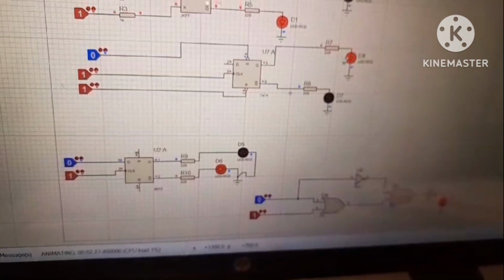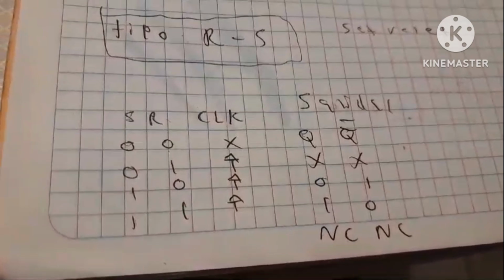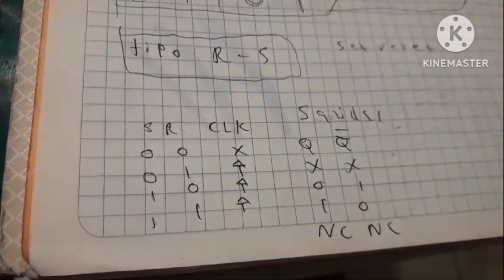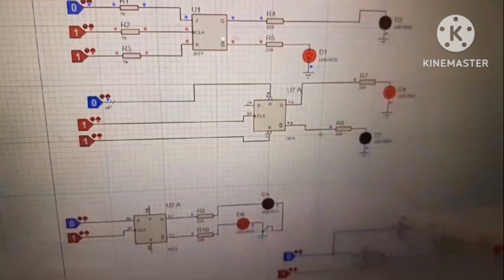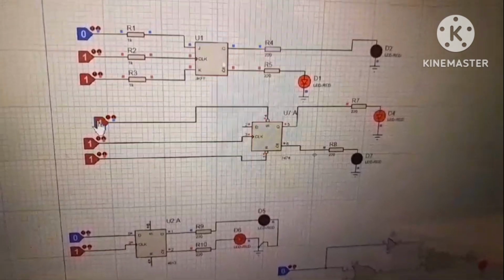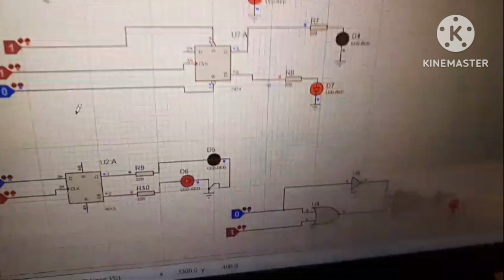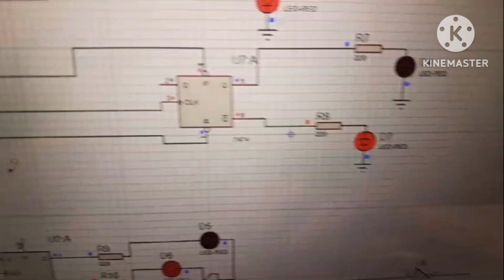And here we have the letter Q, as we can observe on the data sheet. In the opposite case, we only need to do this and this one, and we have the other output, that is Q negate.